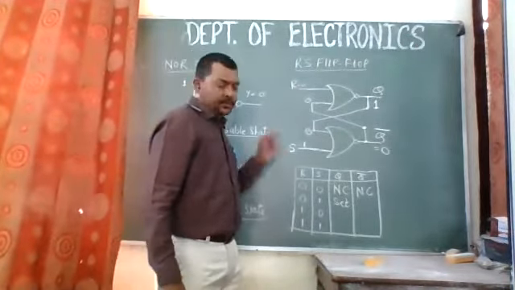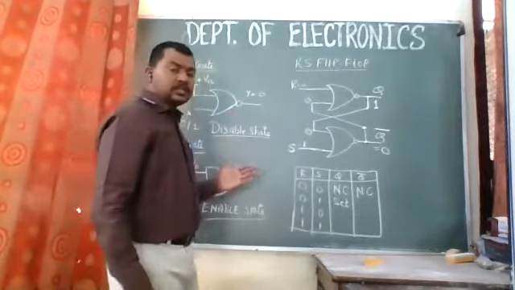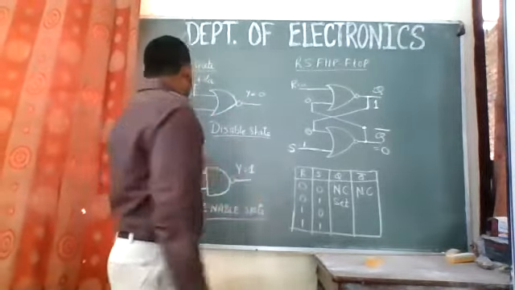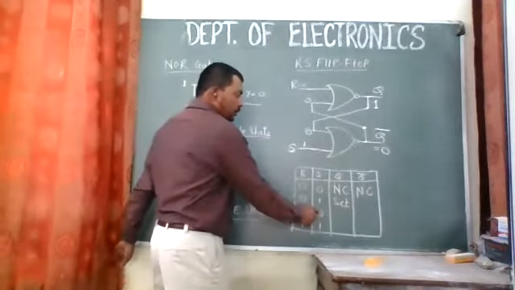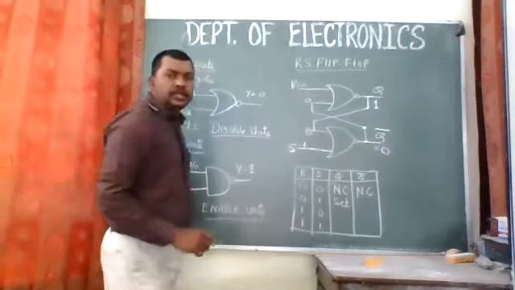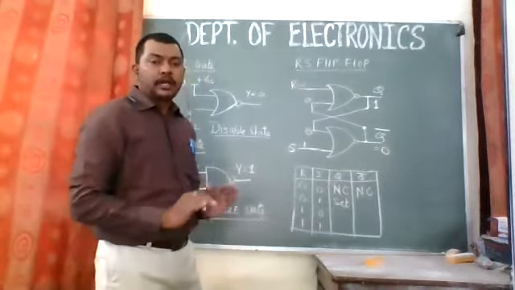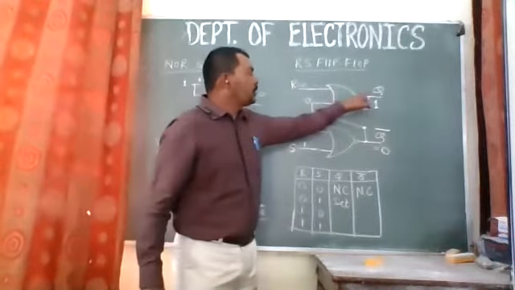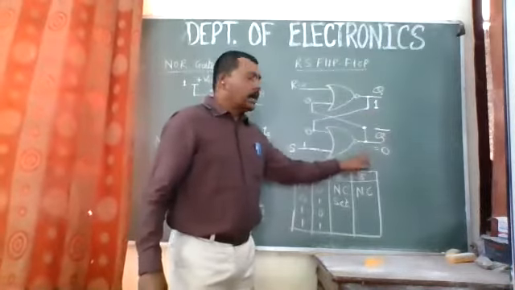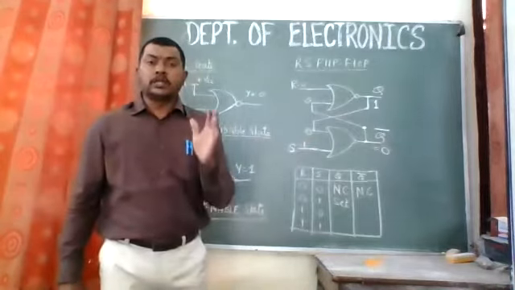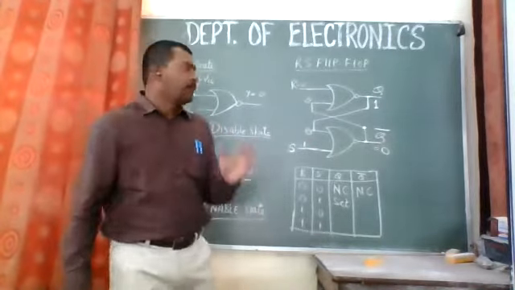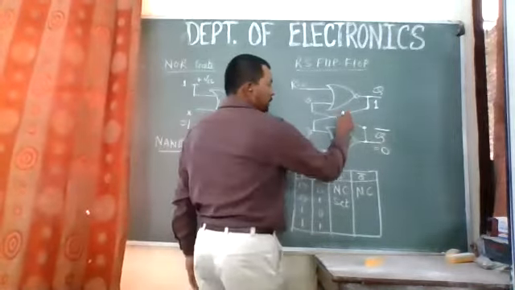Now coming to the third condition, in which we apply R equal to 1 and S equal to 0. Again, the initial condition of the output should be taken into consideration, and here we are going to take Q equal to 1 and Q bar equal to 0, because only then will we be able to visualize whether the output is going to change or not. So let us start with that.